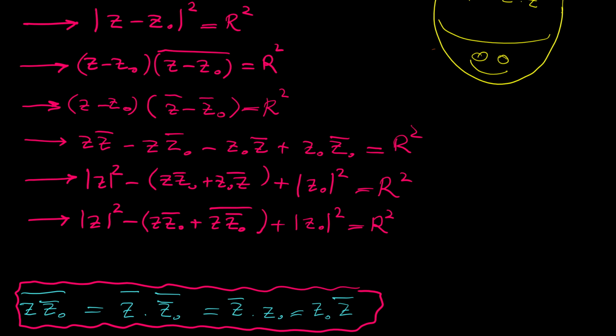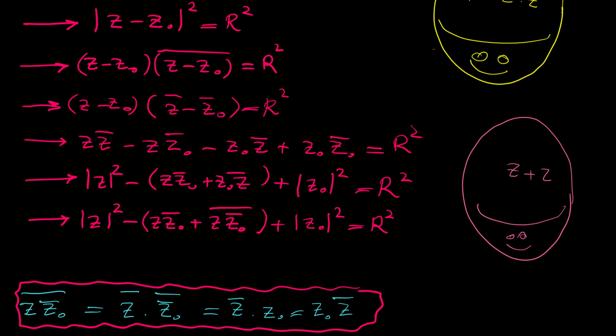Now let me remind you of another important fact here. And that fact is this: z plus z conjugate all over 2 is equal to real of z. Any complex number plus its conjugate divided by 2 is real of z, the real part of the complex number. This is another important relation that you need to keep in your head.